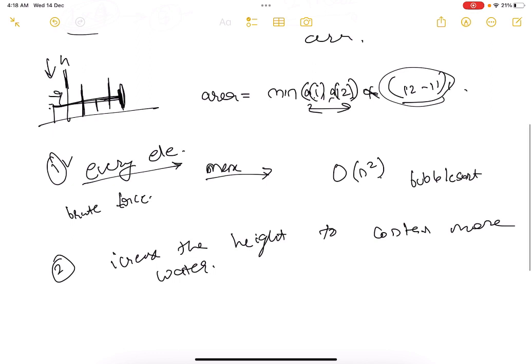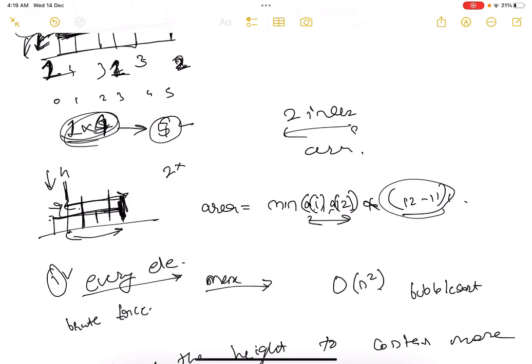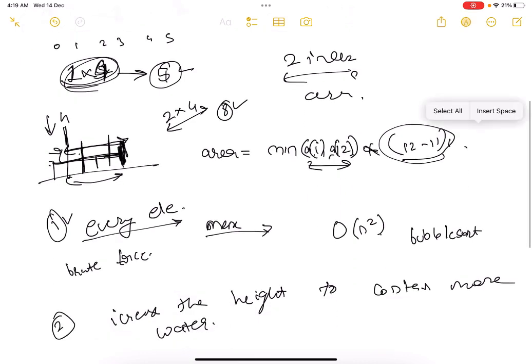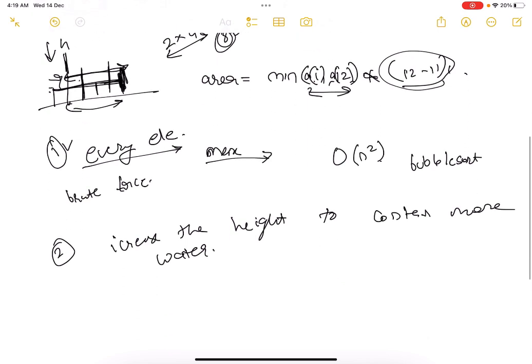So the height level will be increased and it will be 2. So it will be 2 multiplied by the difference in index, which would be 5 minus 1, which is 4. So the area is increased, right? Before it was 5 and now it is 8. So it increases when we increase the height.